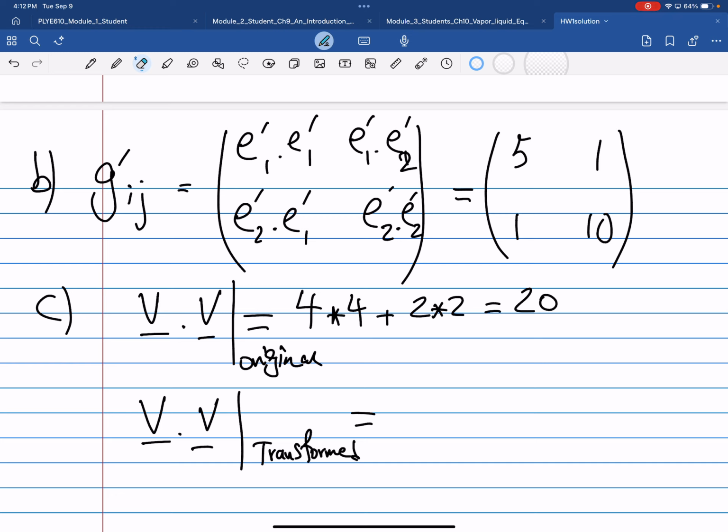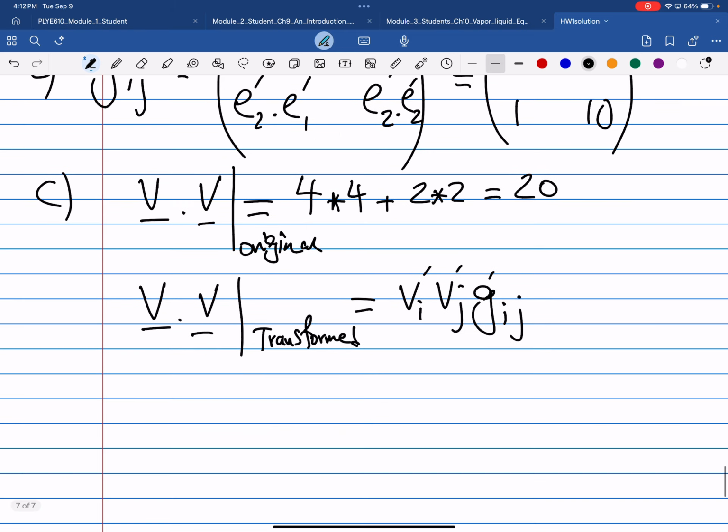What is the basic rule for the transform? When we have a vector and we know the prime notation is not orthogonal anymore, if you follow the Einstein notation, it's going to be Vi, Vj, your Gij, right? Okay, so we are in the prime notation, so we have this primed.